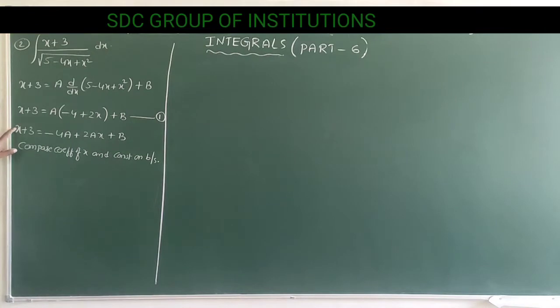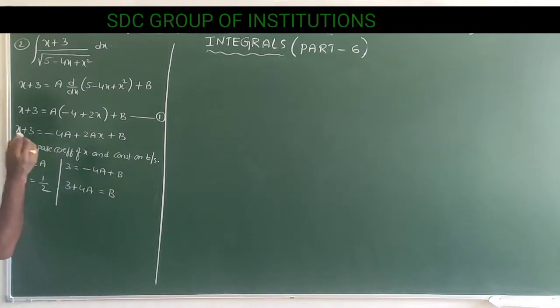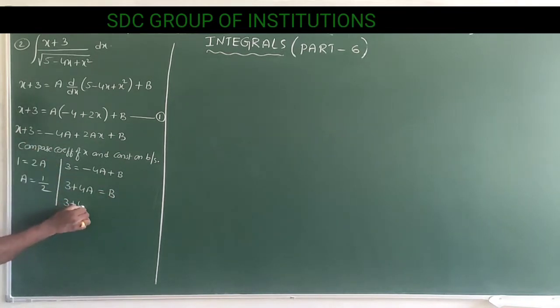Here the x coefficient is 1, here the x coefficient is 2a. Now clearly you will get a value as 1 by 2. Now the constant is 3 here, and here it is minus 4a plus b. From this you can write 3 plus 4a is equal to 3 plus 4 into a value 1 by 2, that equals b. 2 and 2 cancel, 3 plus 2 is nothing but 5.